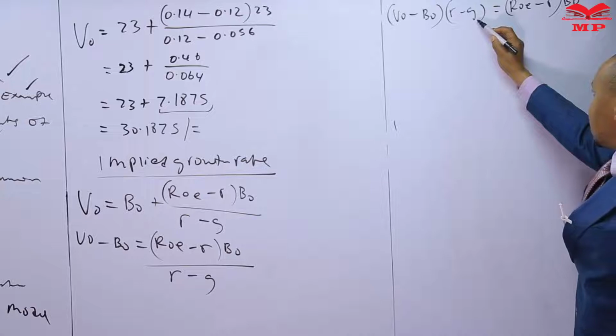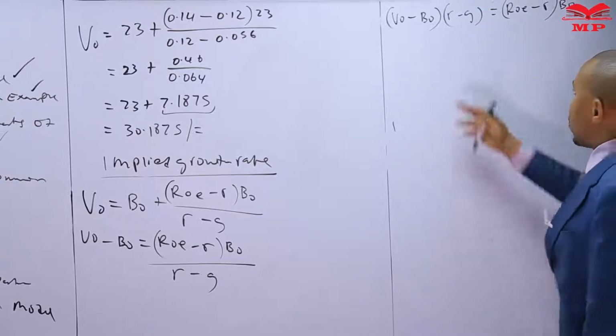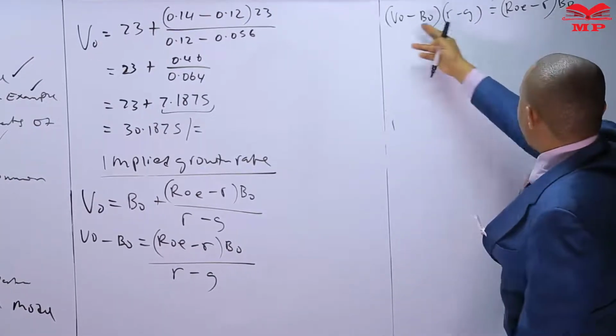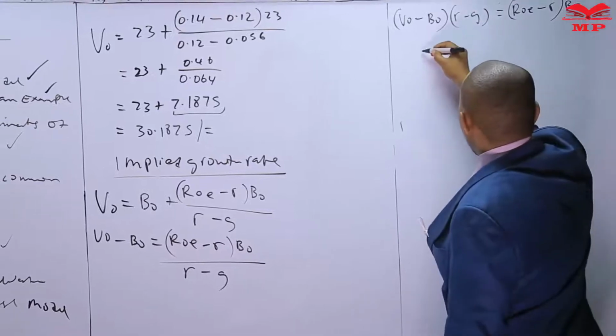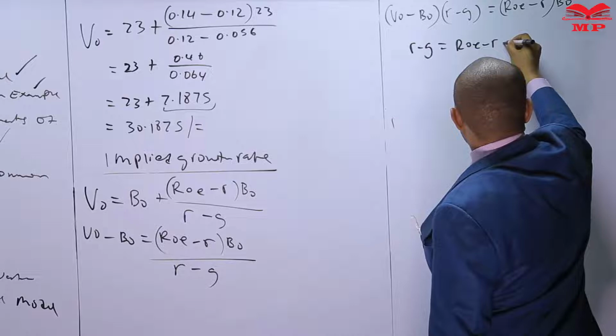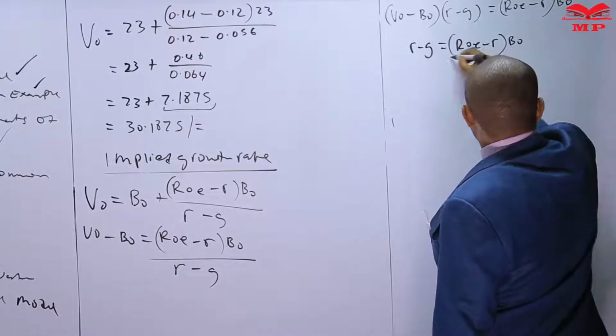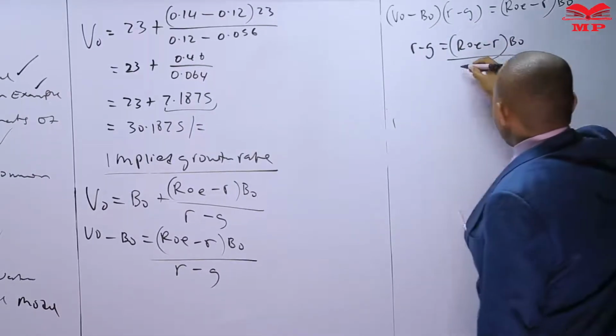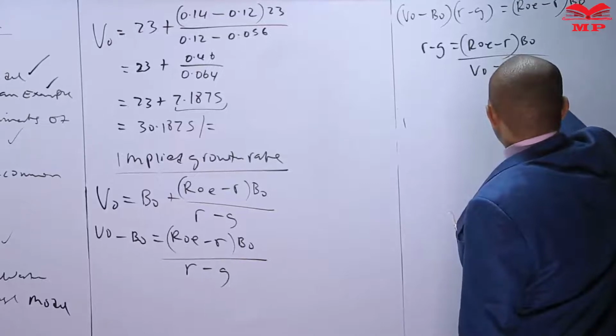We are interested in G, so there is no need for us to open. We just divide both sides by V naught minus B naught. So we have R minus G is given as ROE minus R times B naught divided by V naught minus B naught there.